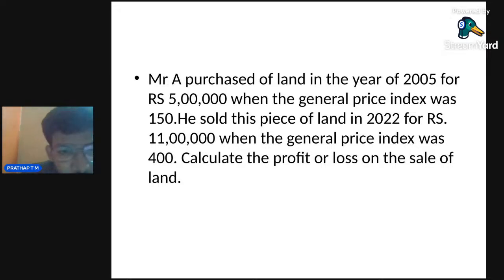And you violate the convention of conservatism, that is, the prudence convention. So for that reason, we have to adjust inflation accounting in your books of accounts. So this is the way we can adjust the inflation accounting.